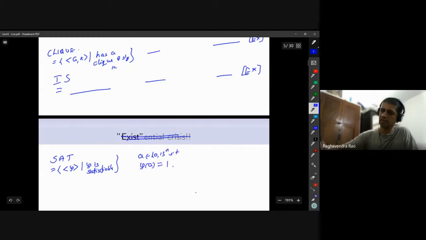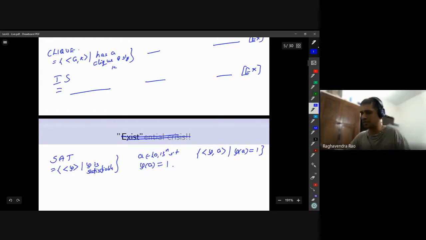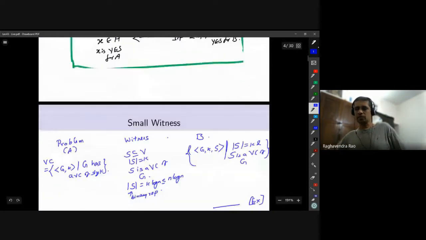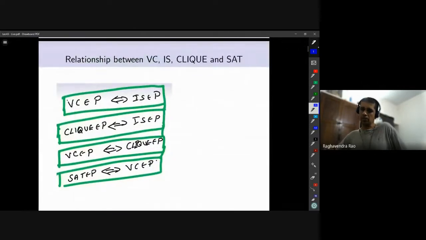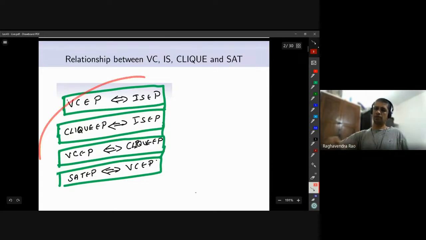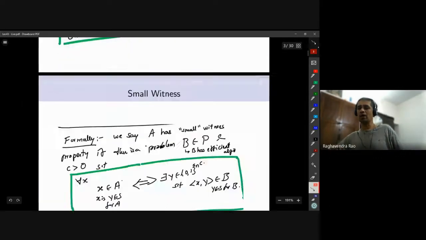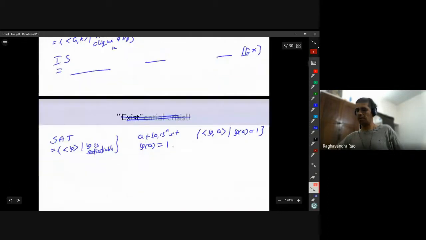So the witness language is phi A such that phi of A is 1. And we need to put the condition that phi is a CNF and so on; I've just written it in short. So all these four problems, decision problems, or in other words languages, have the small witness property. That is one commonality between these four problems.